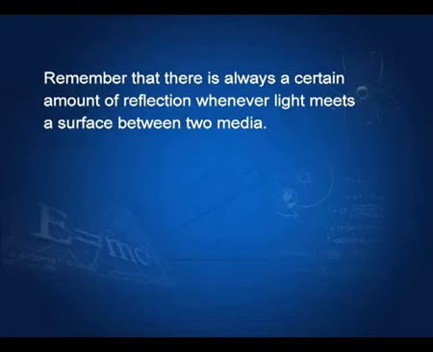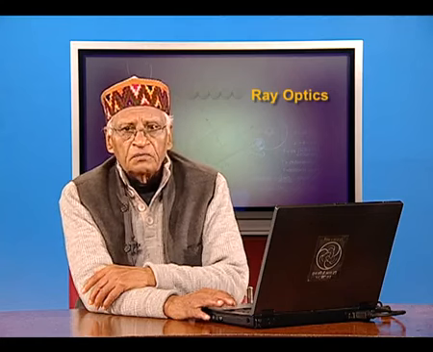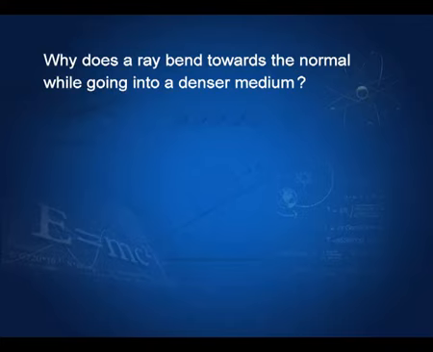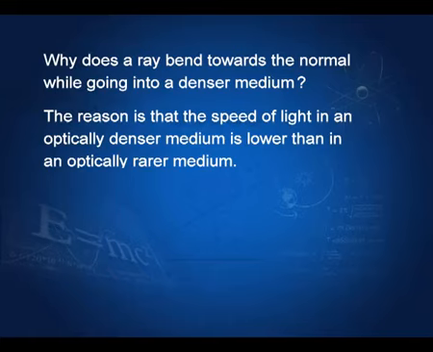Remember that there is always a certain amount of reflection whenever light meets a surface between two media. Maybe the reflection is small, but it is always reflected. Now let us answer this question: why does a ray bend towards the normal while going into the denser medium? The reason is that the speed of light in an optically denser medium is lower than in an optically rarer medium.